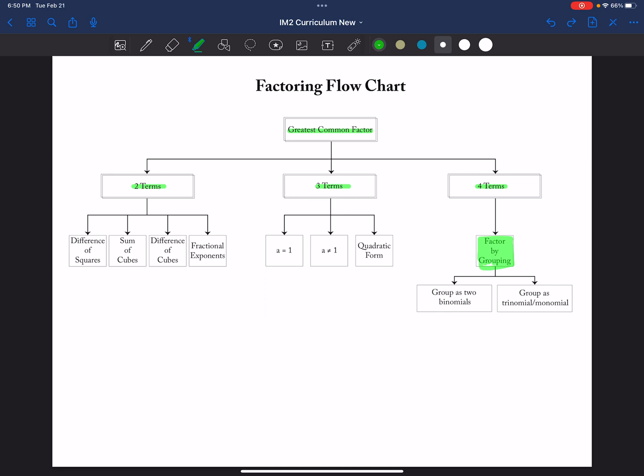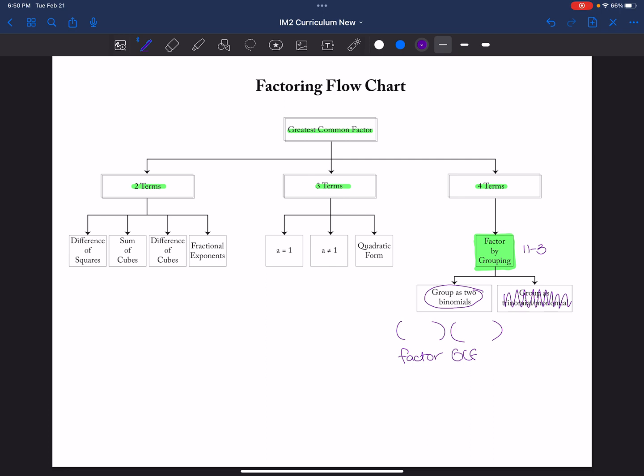That was 11-3. Anytime you have 4 terms, you can group them by 2 and then factor out a GCF, greatest common factor. Or you can group them another way, but we haven't seen this yet, so you don't have to worry about that.